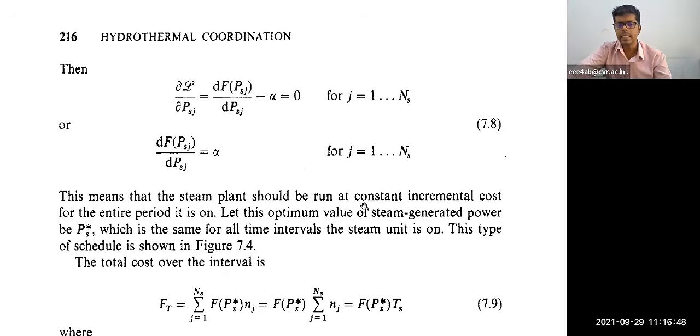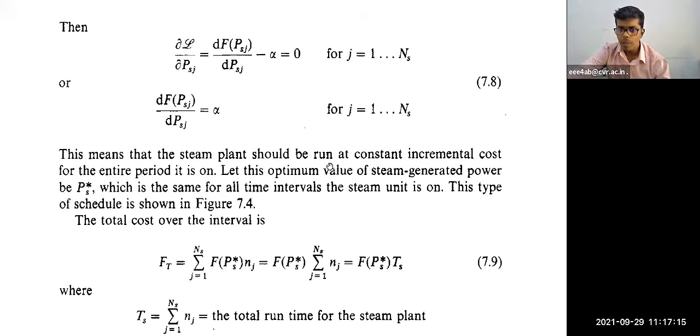We take the optimum value of power generated from the steam power generating unit as PS star, because, as I previously said, we have to generate less from the steam generating unit, so that we optimally utilize it. PS star is the same for all the time intervals until the steam unit is on.